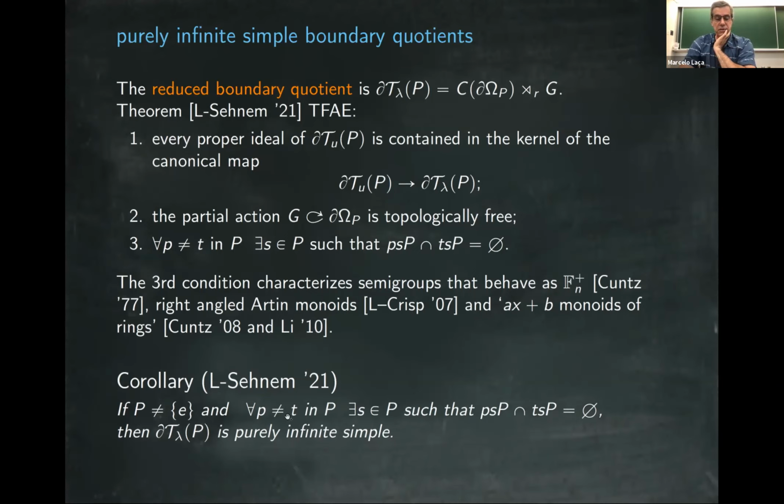And as a consequence, if you have one of these semigroups, the boundary quotient is purely infinite simple because you have topological freeness. So what we have is, in a sense, a characterization of purely infinite simple C*-algebras by presentation associated with semigroups.